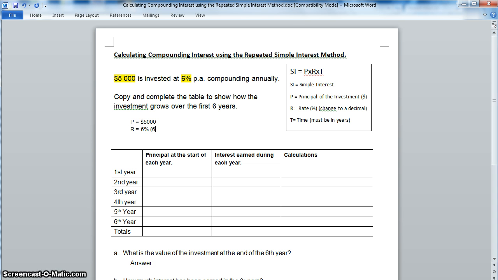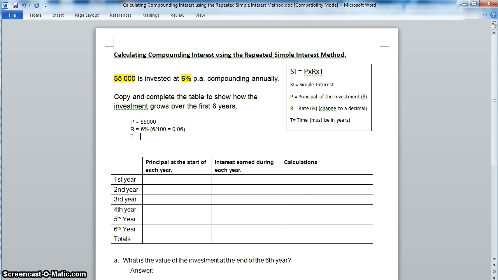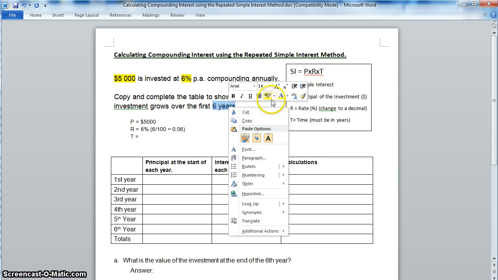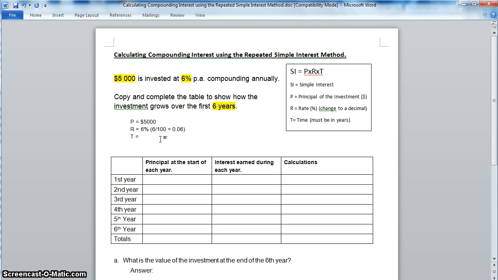So 6% is 6 divided by 100, which equals 0.06. So we're going to keep that in mind a little bit later. The next one is time, T. T for time, and time must be in years. So T equals how many years? Here it is, 6 years. We're calculating the compound interest over 6 years. So let's write 6 years there.